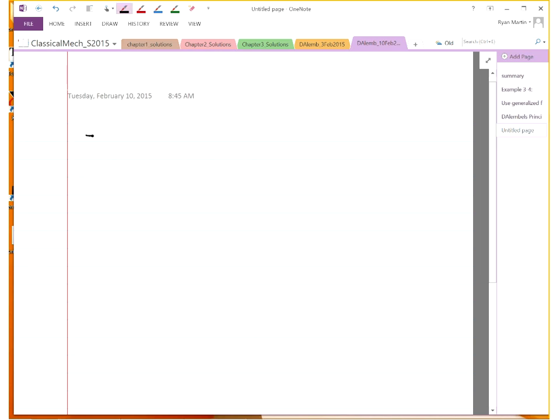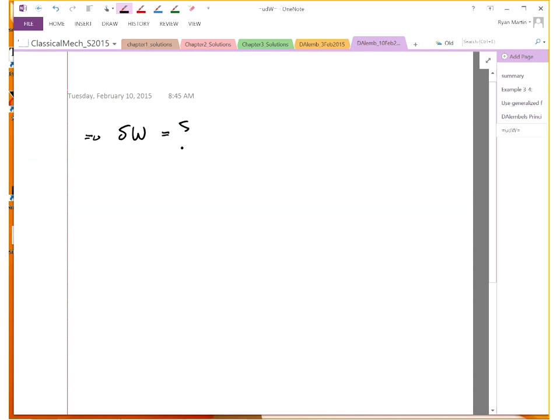So that means the total virtual work, so I'm going to write delta W just as the sum over all forces. So if you want, you can put a sum of delta W_i's.